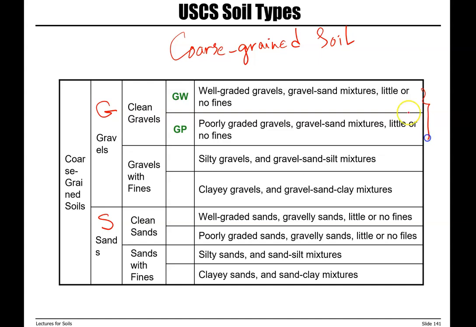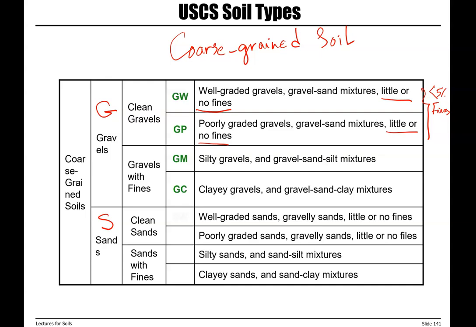These are with little or no fines, less than 5% of fines. Then if the amount of fines is higher, we need to know if it's silt or clay. So the options are now silty gravel or clayey gravel.